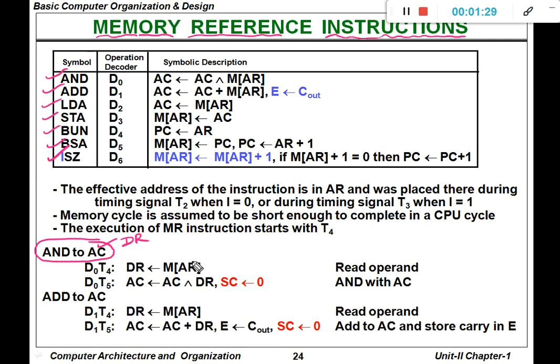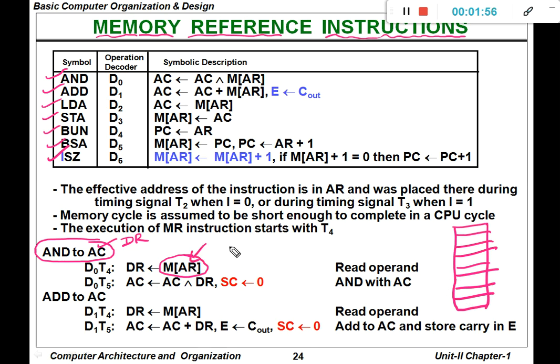For that purpose, initially we will be moving the content from the address location AR of memory to the data register. In the main memory, there will be several locations. Among these locations, we are going to fetch the data from a particular location which is represented by AR.